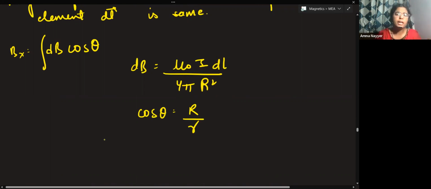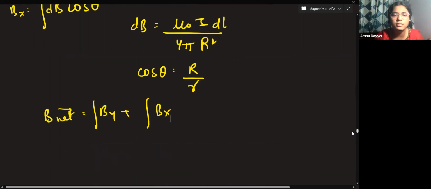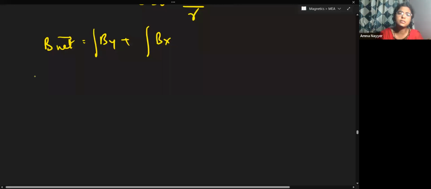So let's put in the values for the net magnetic field, because this will be only the net magnetic field. So B net will be equal to integral of By plus integral of Bx. So the net magnetic field will be all the magnetic field associated with the x-axis, because for the y-axis it is 0.